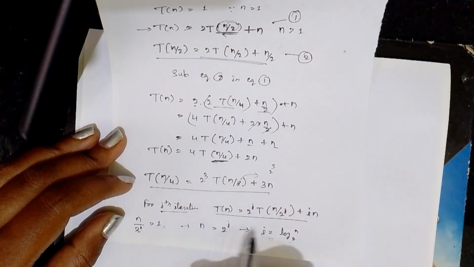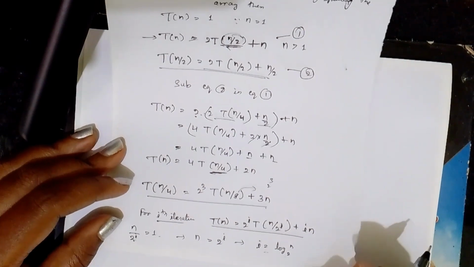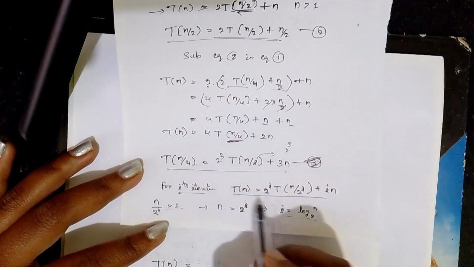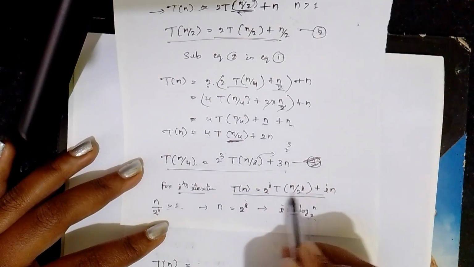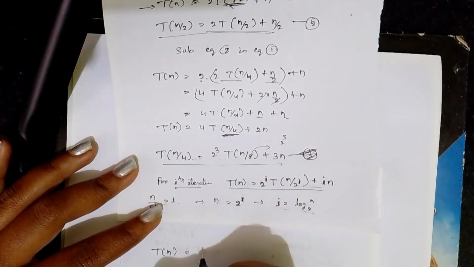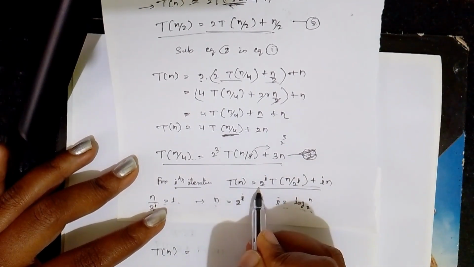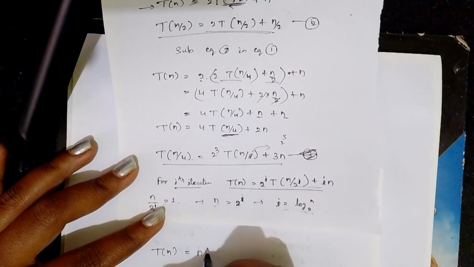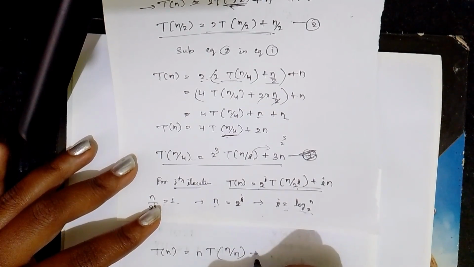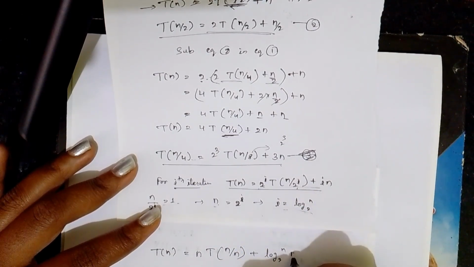Now substitute these values in the equation, then we will get our recurrence relation. Since 2^i is equal to n, in place of 2^i I am going to put n, and i is log base 2 of n, and this n as it is.